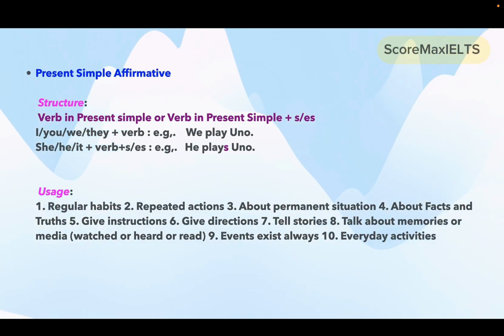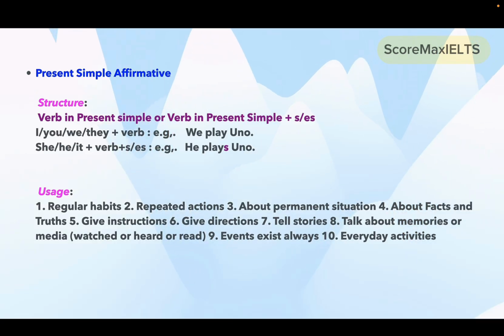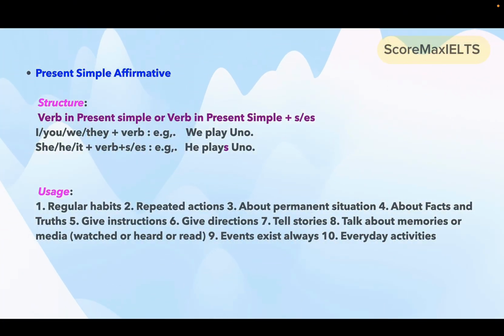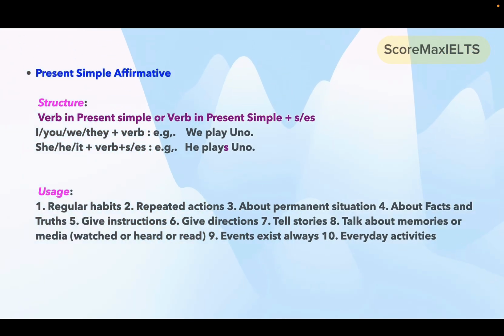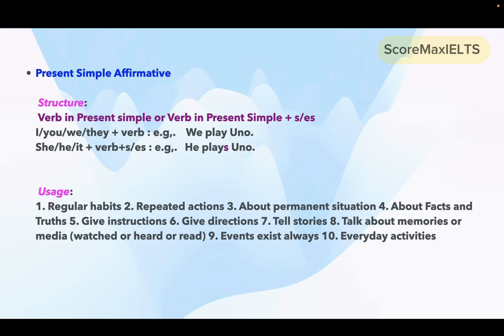In general, we mostly use present simple for these situations: to talk about regular habits, repeated actions, permanent situations, facts and truth, general phenomena, to give instructions and directions, to tell stories or talk about memories, to express what someone watched or heard or read, to talk about events which exist in general, and also to talk about everyday activities.